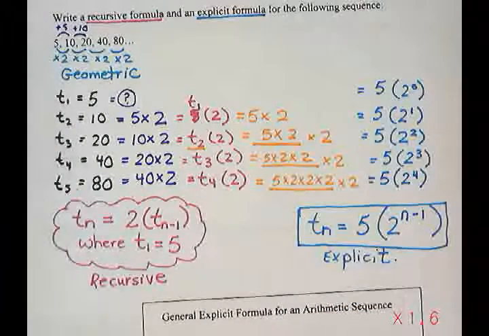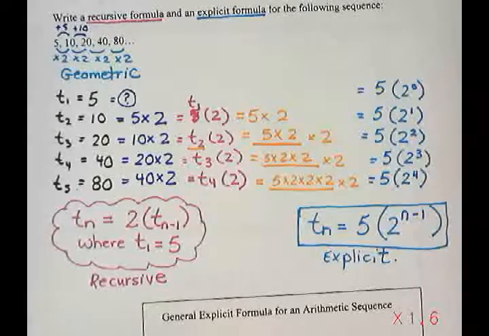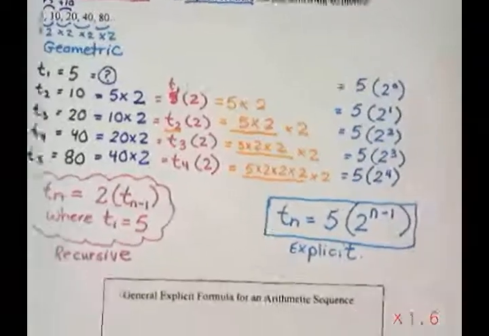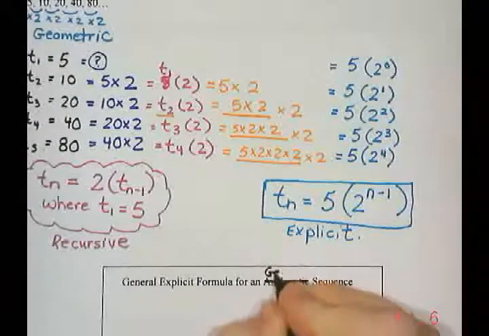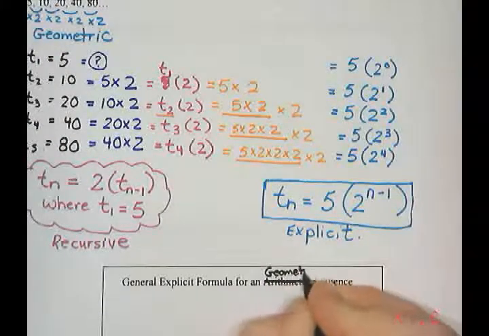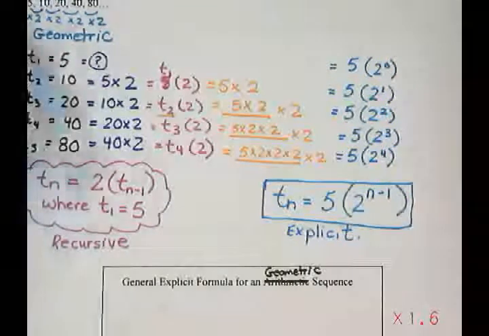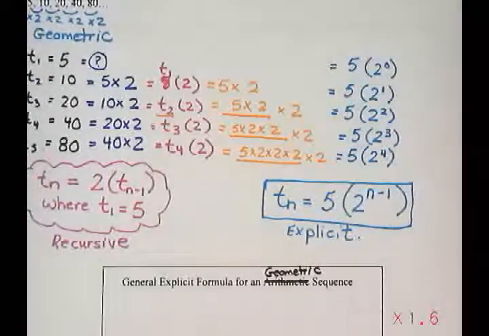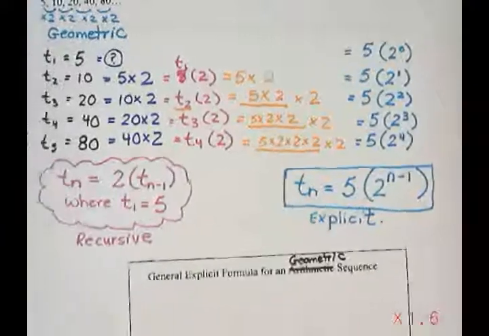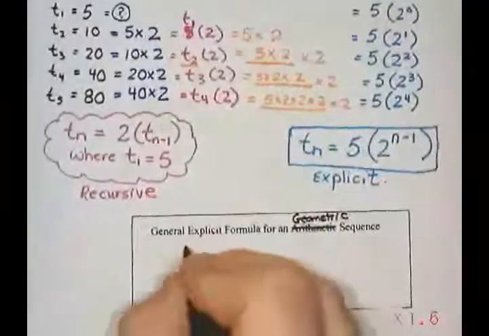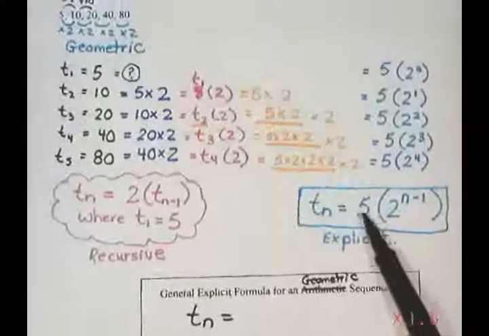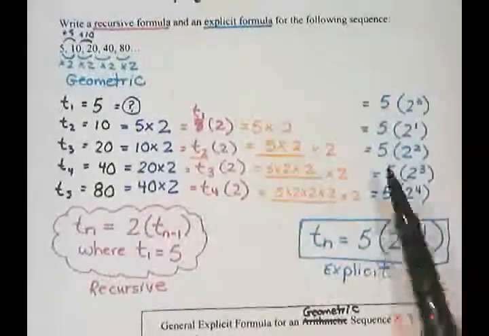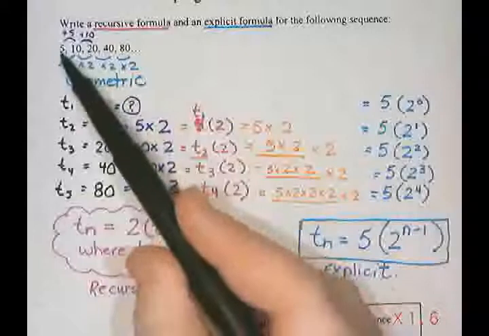And we do from here want to see if we can come up with a shortcut like we did for the arithmetic. And I believe on your sheet this does say geometric. It's a typo on mine. We want to come up with a general explicit formula for a geometric sequence. So we want to come up with a formula for Tn. Now if I take a look at that 5, where did that 5 come from in the question? That 5 was the first term.